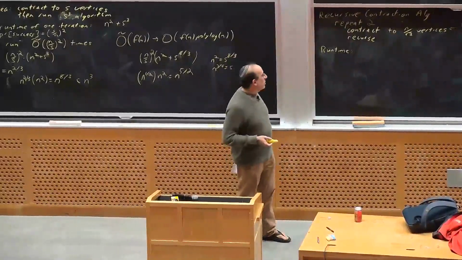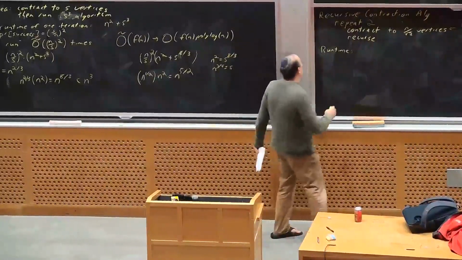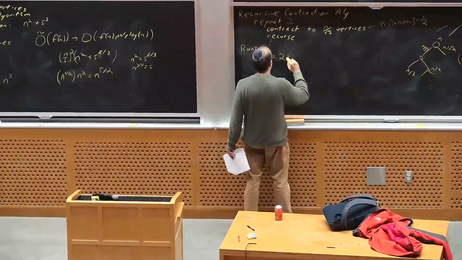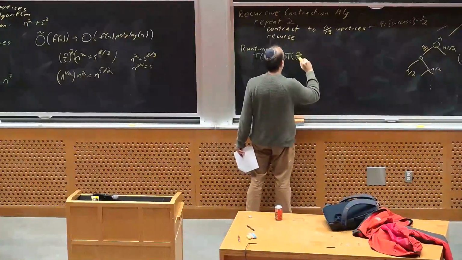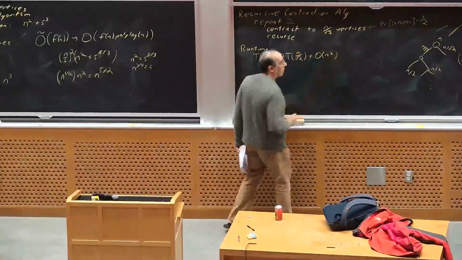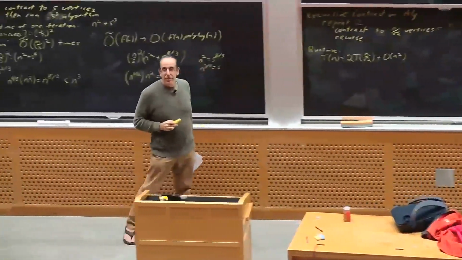But if I shrink to only 2, my runtime is 2t of n over root 2 plus the n squared work of doing the contractions.